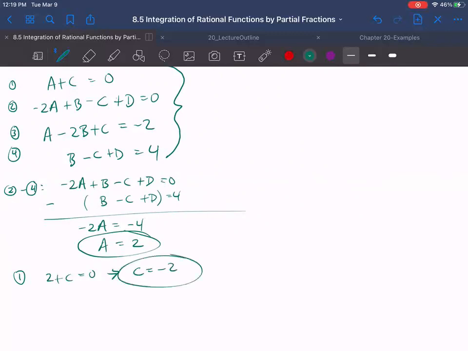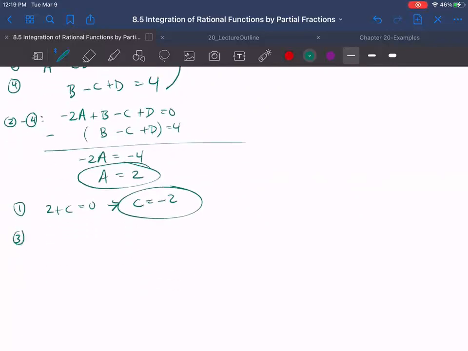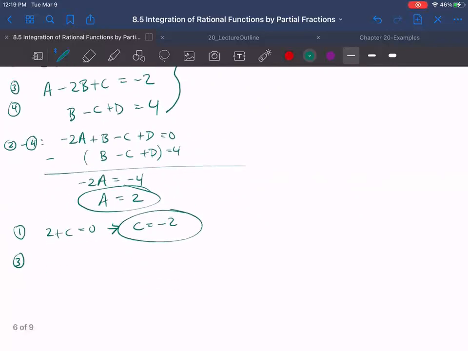There's c. Equation 3 has a and c in it, so we can just plug those in to get b. So equation 3 is a, which is 2, minus 2b minus 2 equals negative 2. 2 minus 2, that's gone. And so you get b equals 1.